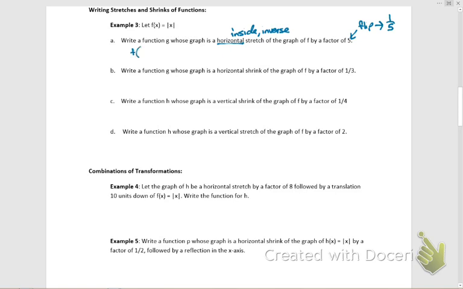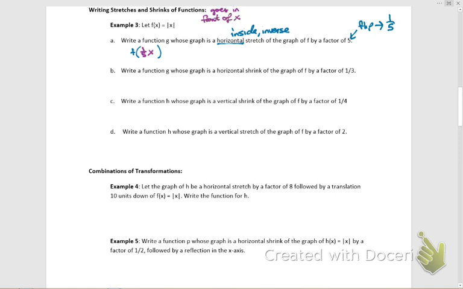We have f, in parentheses, our transformation, which is a horizontal stretch, which means we flip the 5, so we get 1/5 in front of x. So anytime you have a stretch or a shrink, it goes in front of x, whether that's inside or outside.